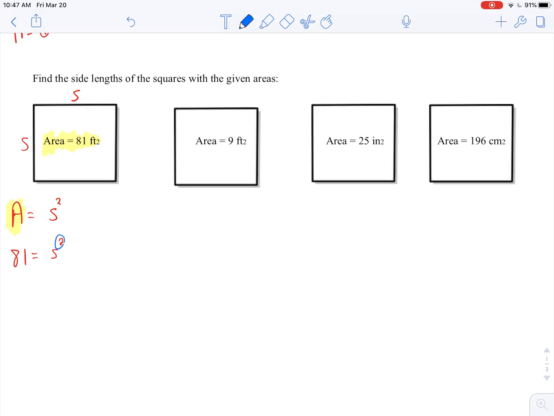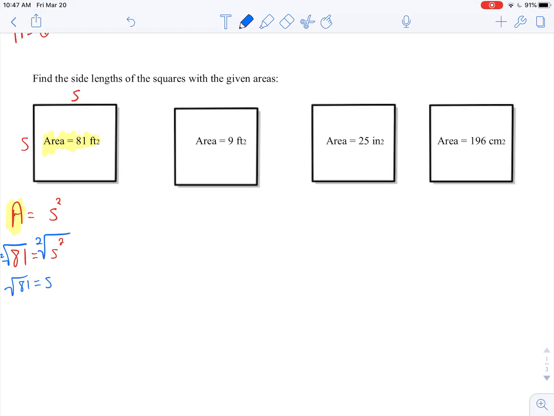And now I want to get this s by itself. I want to get rid of that exponent. So let's think about our opposite operations. Now, how do I do the opposite of a square? What's the opposite of squaring a number? Well, the opposite of squaring is square rooting.